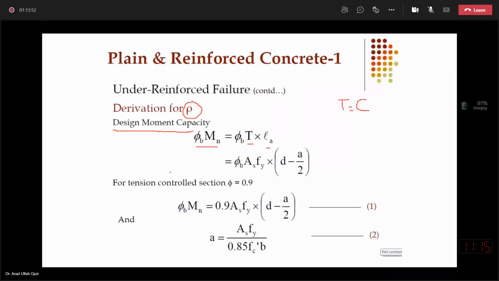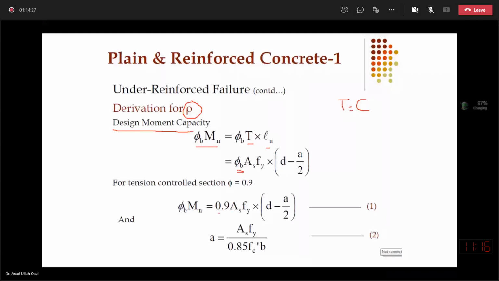But in this derivation of rho, I am using the T into lever arm equation, and I am replacing T with AsFy and lever arm with d minus a by 2, and I am interested in a tension controlled under-reinforced cross section, a rho against that behavior.